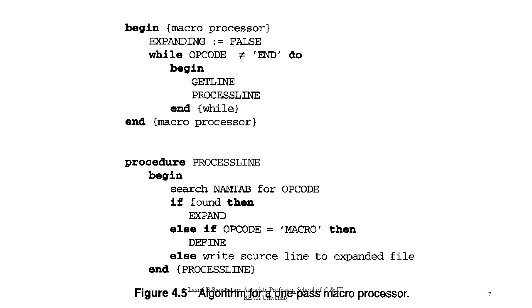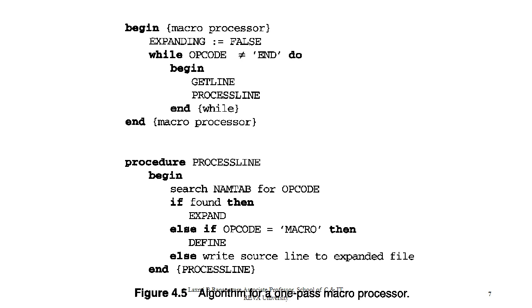And right now we have just started, so we are going to say expanding is equal to false. So that is the first statement which tells that we have not started the expansion of the macro call. So that's why we are going to have expanding is equal to false.